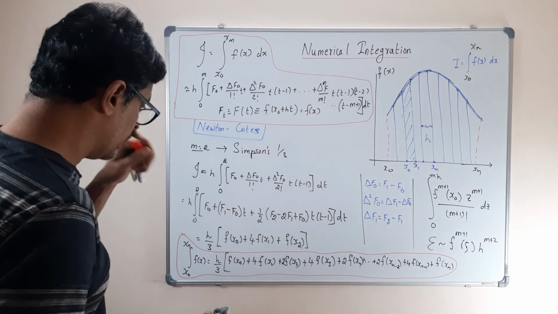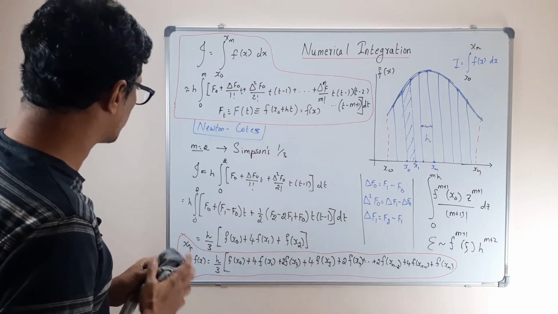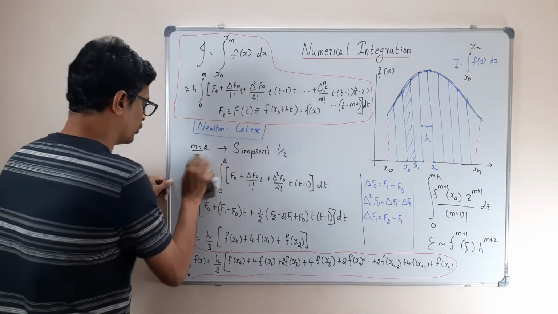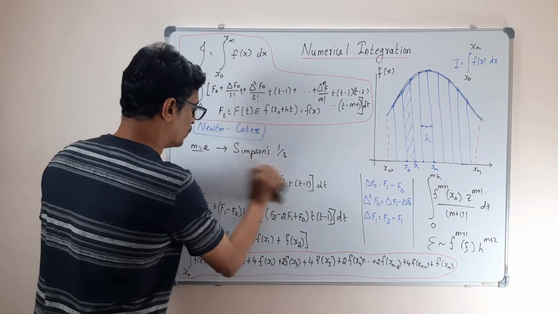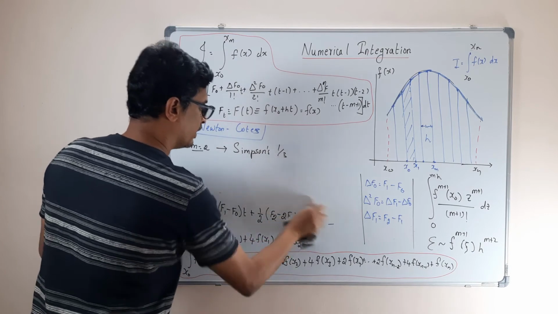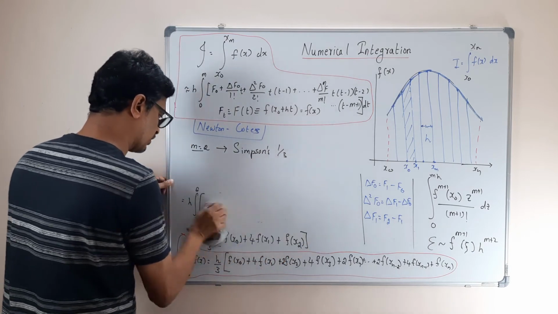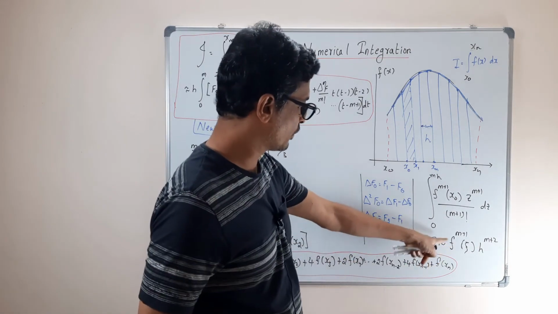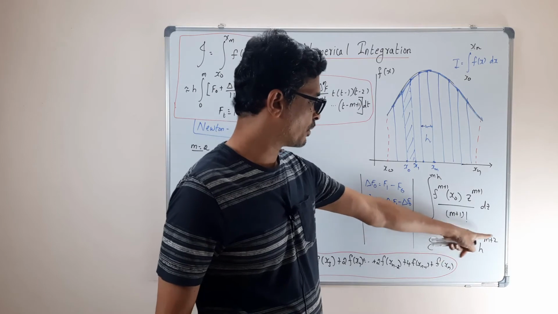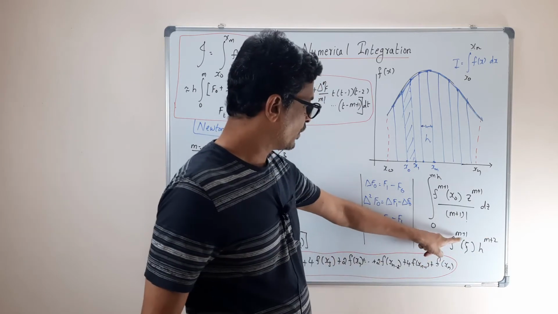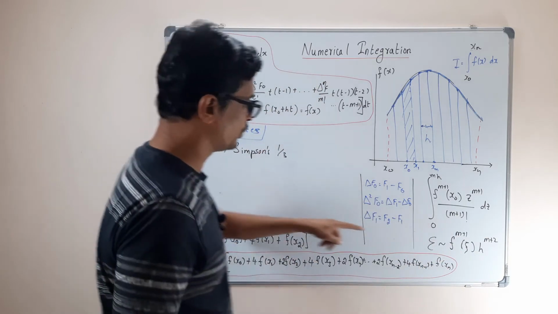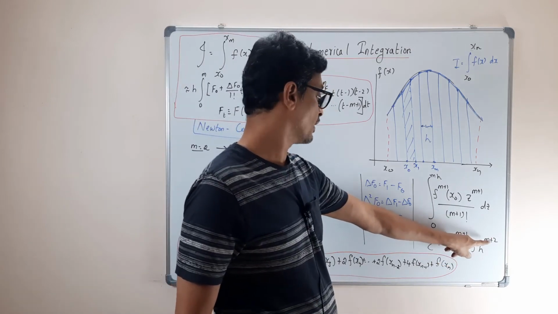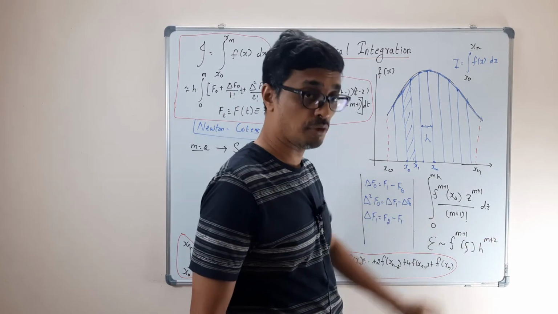Now there's one interesting thing with the Simpson's one-third formula. Let me remove this one. If I ask you, what is the error in the Simpson's one-third method? You would say, of course, we know that the error will be of the order of the m plus 1 derivative and h to the power m plus 2. So when I take m equal to 2, this becomes the third derivative and h to the power of 4.